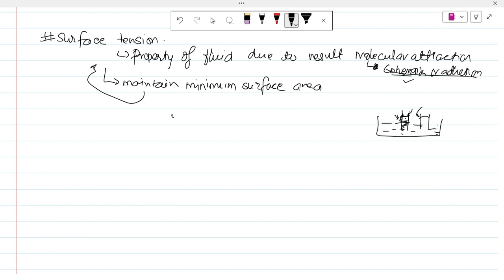So if the angle here is theta, we have the formula 2 pi r sigma cos theta, where sigma is our surface tension, force per unit length, equals pi r square h gamma. So this is how our equation develops.